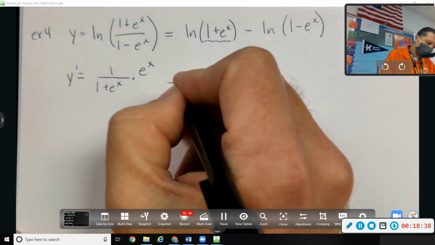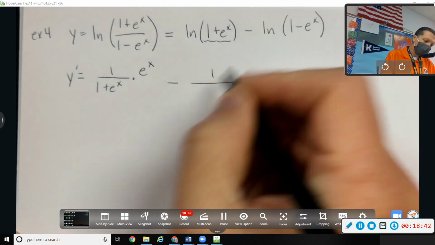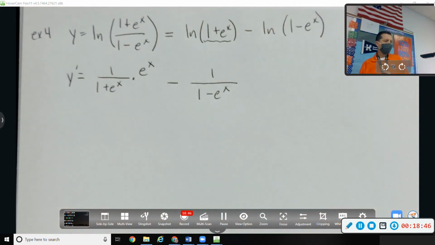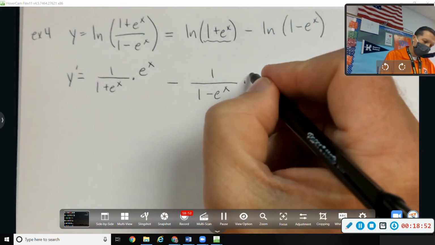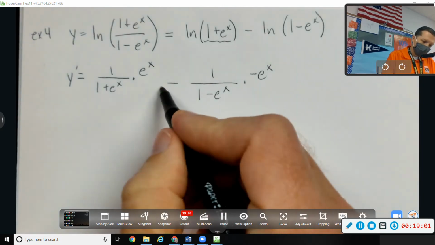And then minus, that minus sign, 1 over the argument times the derivative of the argument, which would just be negative e to the x. So the negative will make a positive.